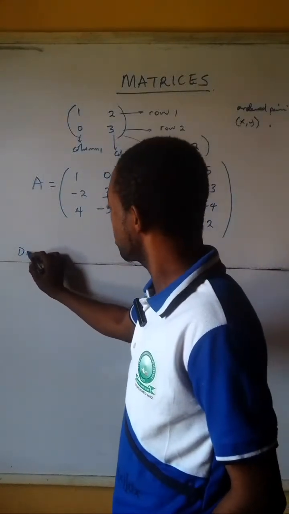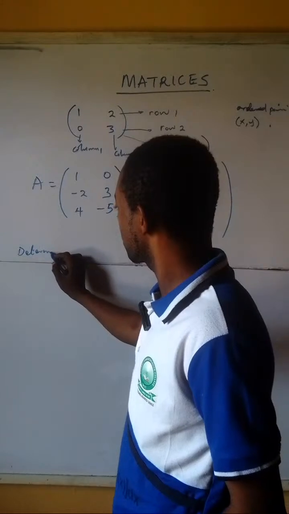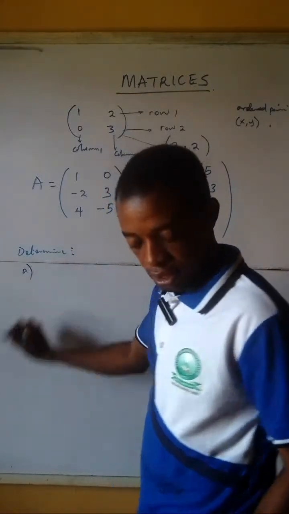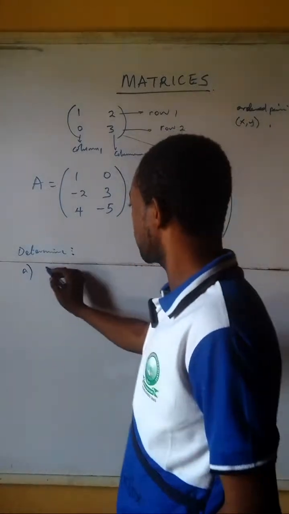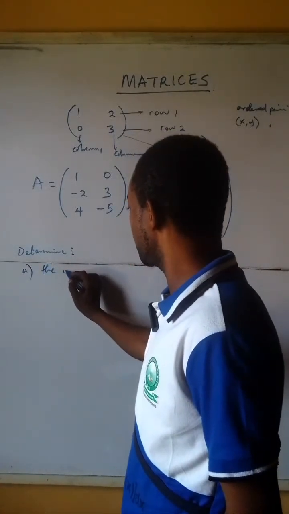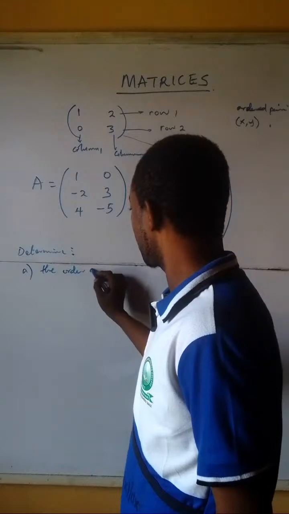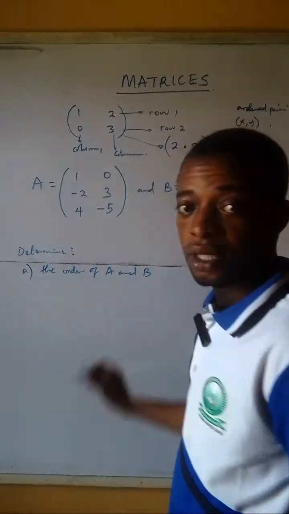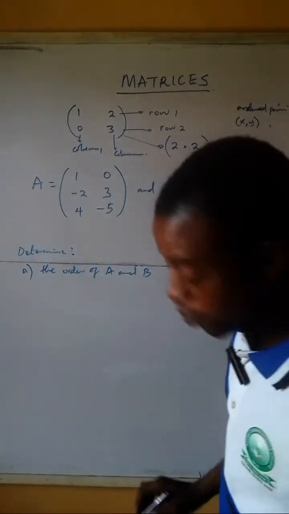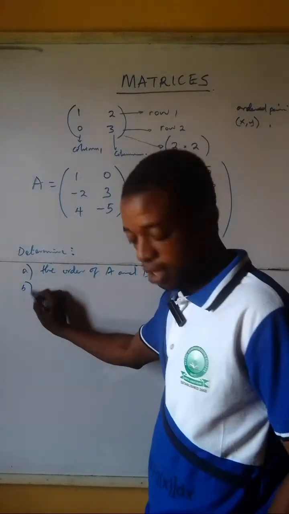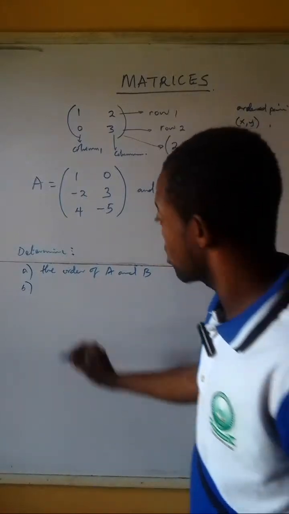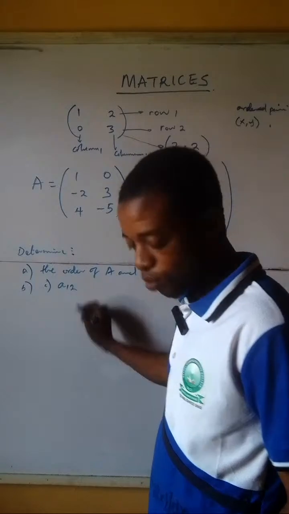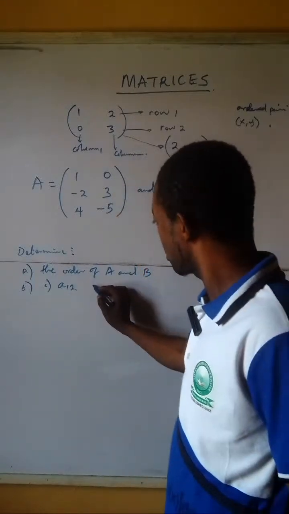Determine the following. The order of matrix A and B. Then 2, determine the element in row 1, column 2, that's A12.